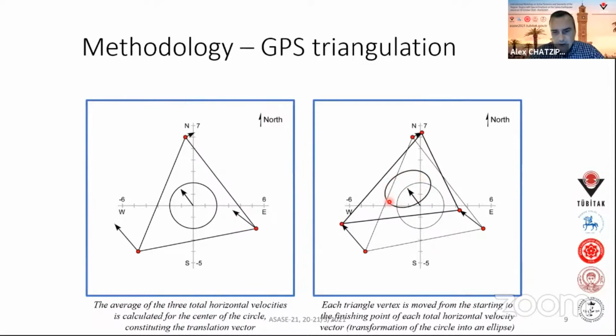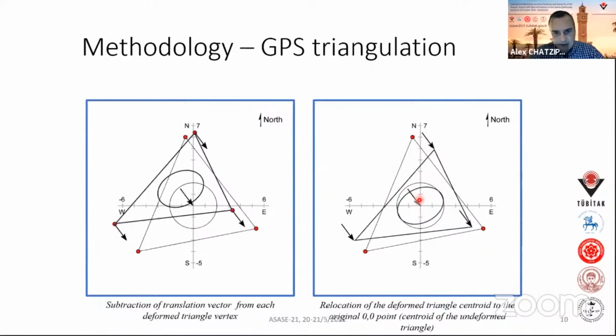The axes of this deformation show us the main deformation pattern in the area. If we then translate this ellipse to the initial position of the centroid, we have the final product, which is the centroid of the deformed triangle and the ellipse that shows the actual deformation pattern at this point.